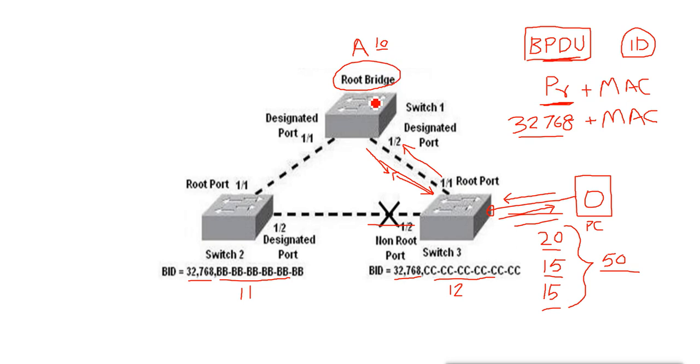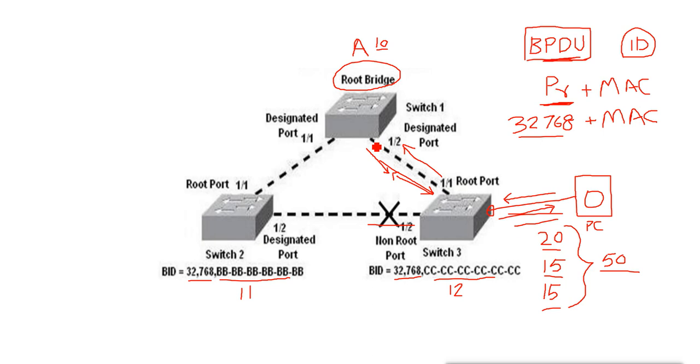Now what does the root bridge do? The root bridge is there to define the network, how the network will work, and all the other switches will work based on the perspective of this root bridge.